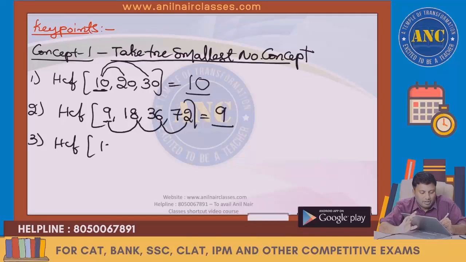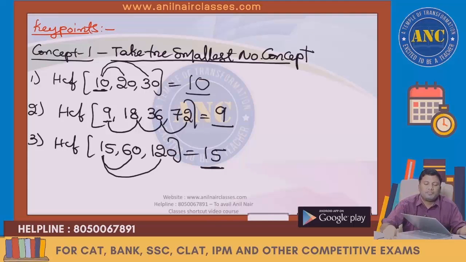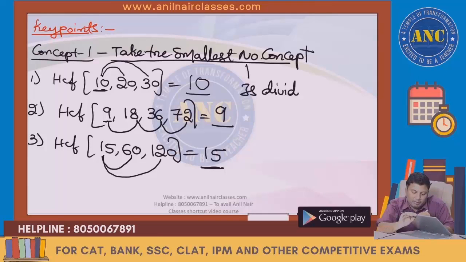HCF of 15, 60, 120. 15 will divide 60, 15 will divide 120. Answer is 15. The smallest number is dividing every other number.